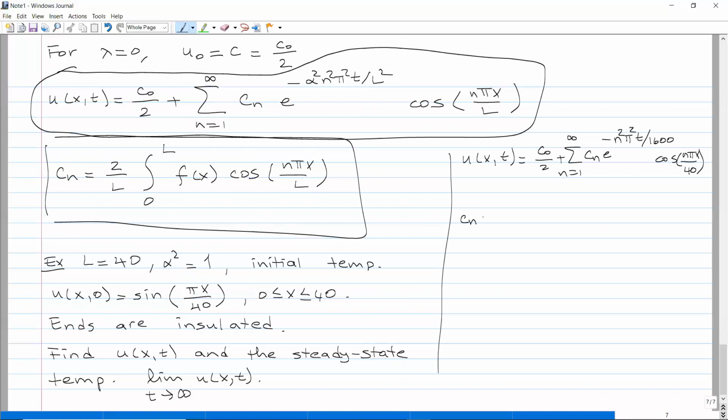So the coefficients: 2 over L, integral from 0 to L, the function sine of pi x over 40 times cosine n pi x over 40.